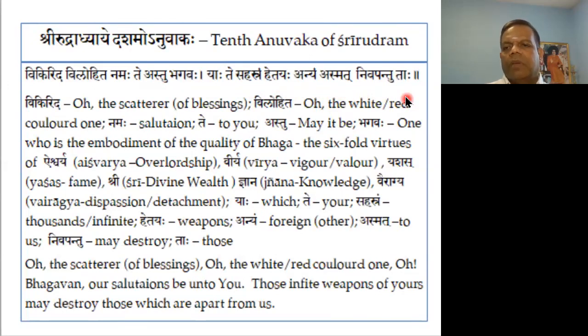Ete Yonyam Asman Nivapantuta. So we ask the Lord who scatters blessing, who is all auspiciousness, to make sure that all that which is not of us, which is not part of our real nature, let them all be destroyed. So that is the mantra meaning.